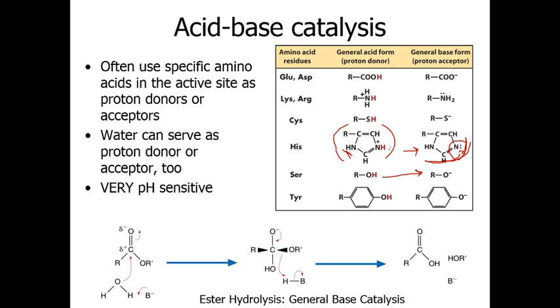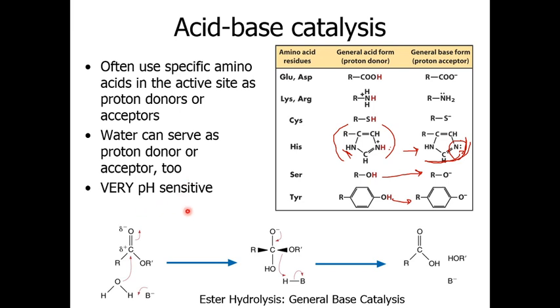I'll tell you as to why that can happen. Tyrosines can get deprotonated from ROH to RO minus. Waters can serve as proton donor or acceptor too. They're very sensitive to pH.